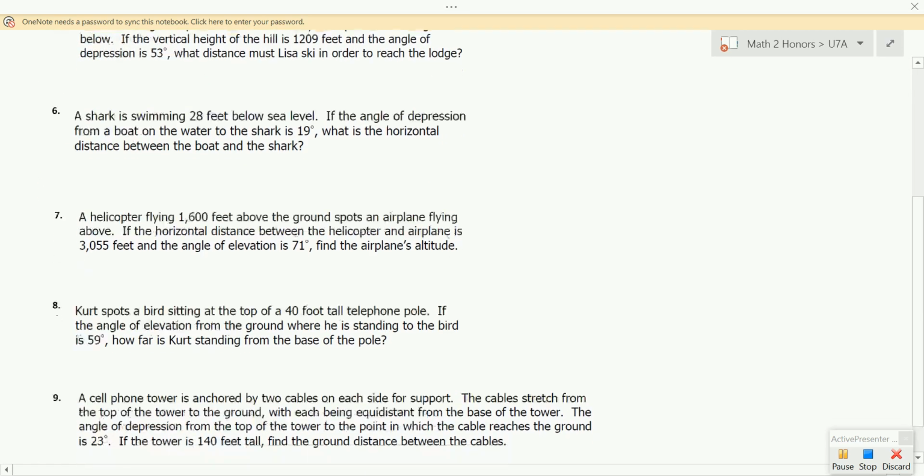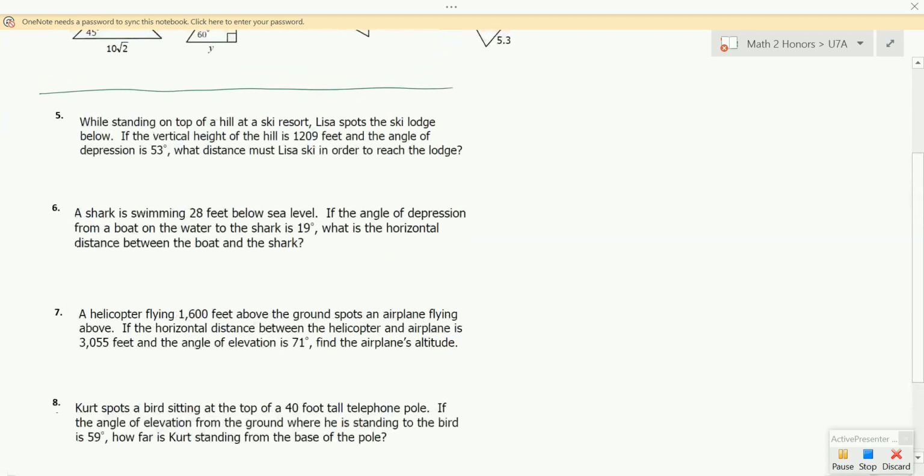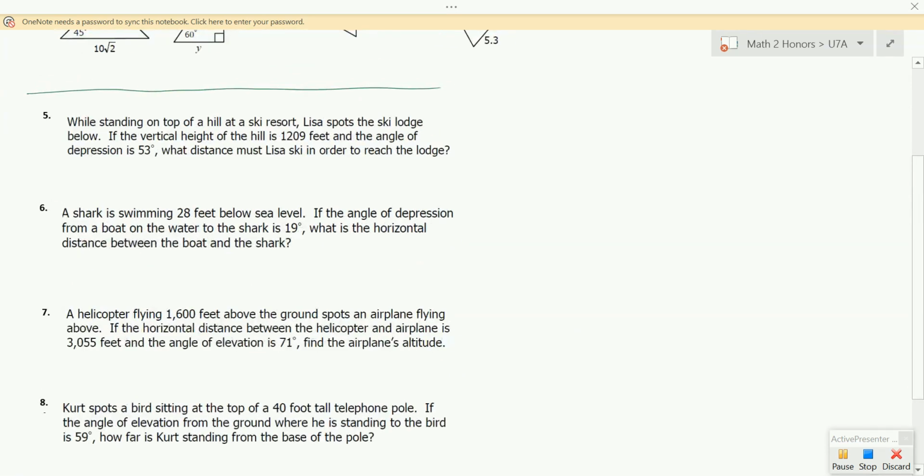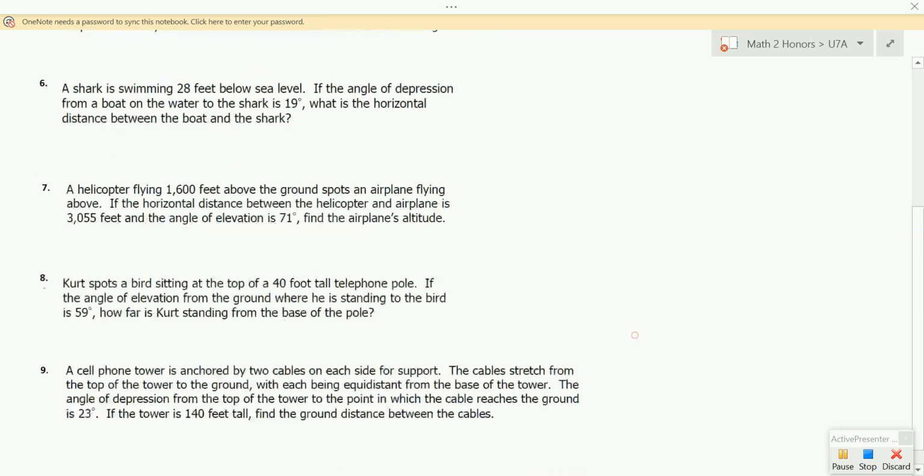So 5 through 9. You're not going to copy down the words. You're going to do it on a separate sheet of paper, and you're going to just draw the diagram and solve it. Okay? And you have lots of time to get a lot done. 5 all the way to 9.